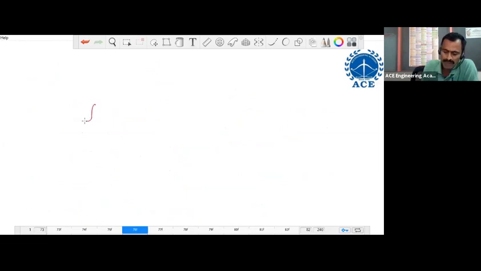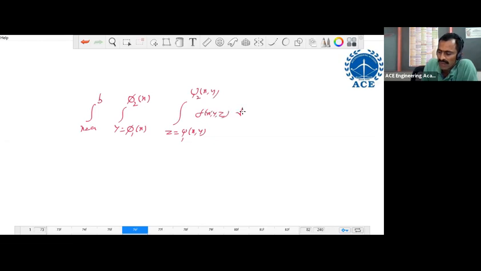And remember this. In the case of a triple integral with variable limits, x equal to a to b, integral y equal to phi 1 of x to phi 2 of x, integral z equal to psi 1 of x comma y to psi 2 of x comma y, f of x y z dz dy dx.